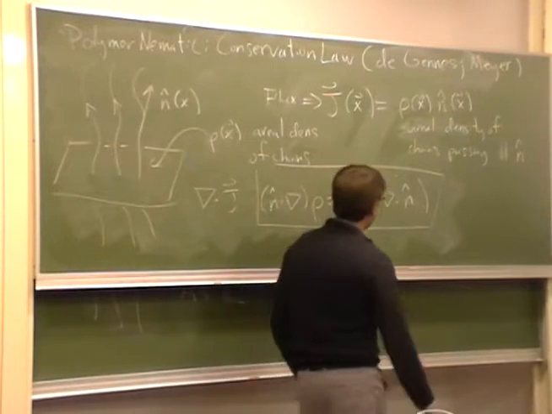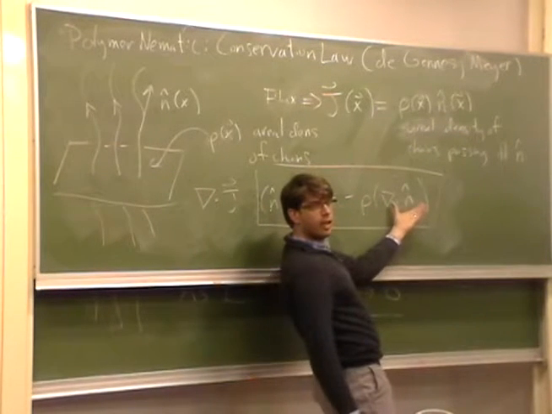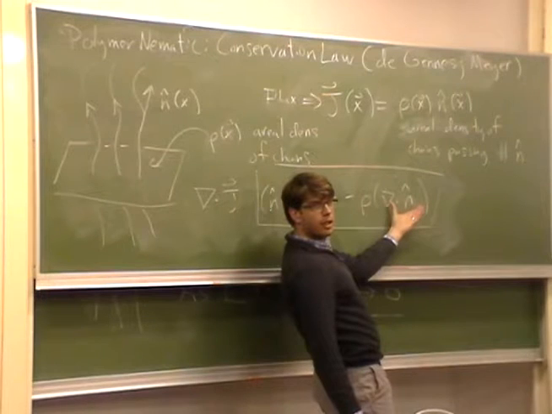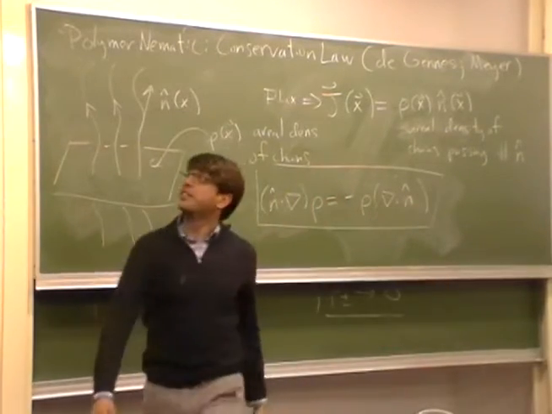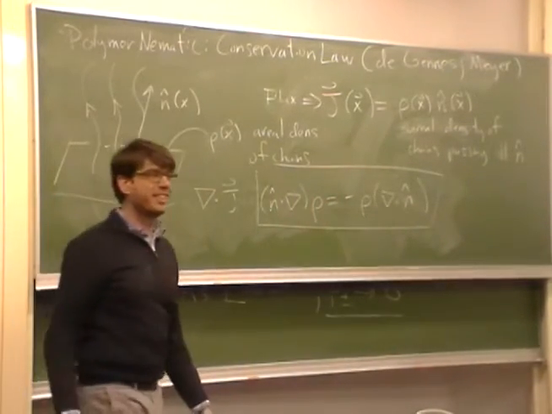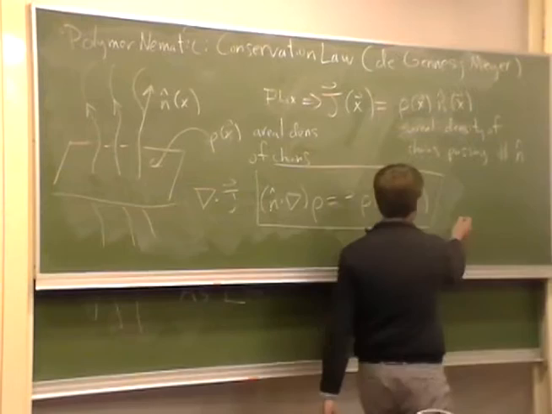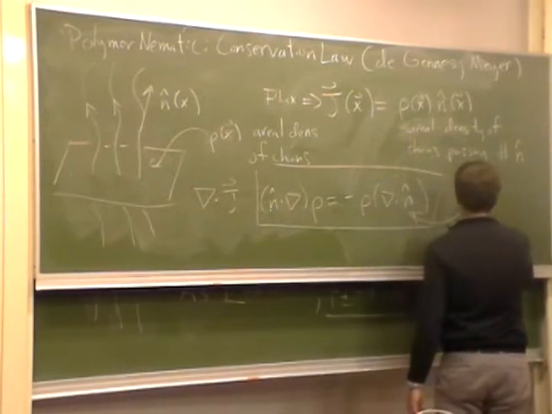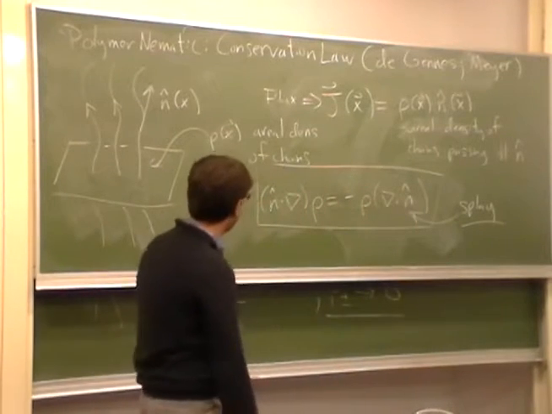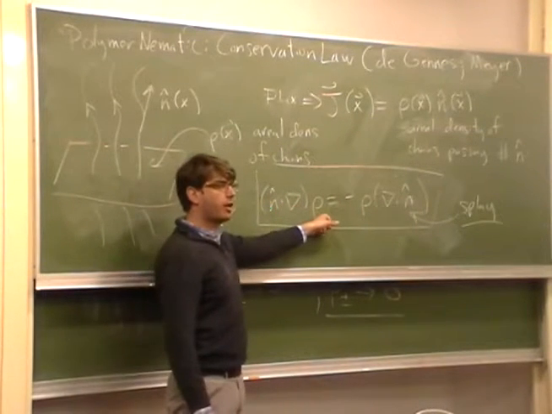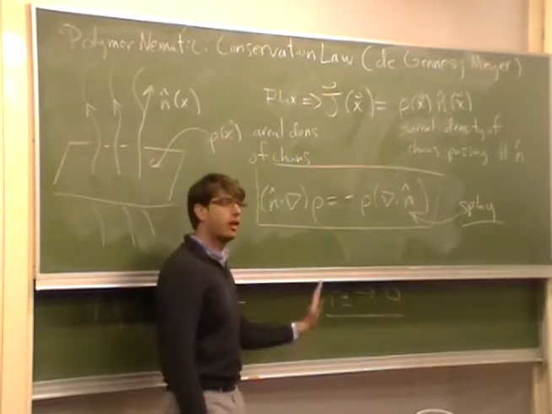Okay, so what is this thing here? Divergence of n. So somewhere up there, right? It's the splay. So this is one of these modes for an elastic deformation of orientation. This is the gradient of rho, the gradient of the density along the nematic direction.